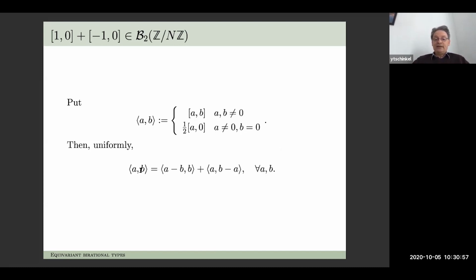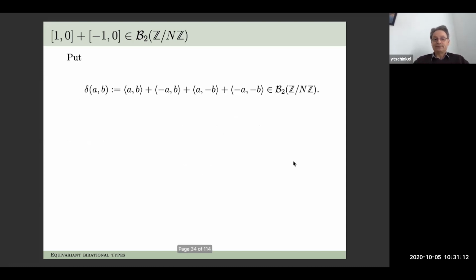But here we get it uniformly. Even when B is 0, because of that 1/2, we find exactly what we want. In other words, I call it the blow-up relation, and it holds uniformly for all A, B.